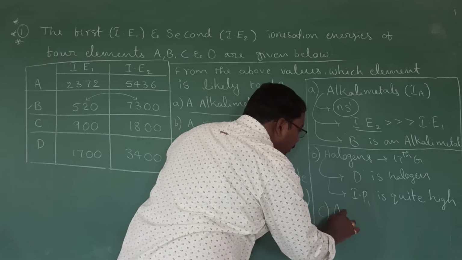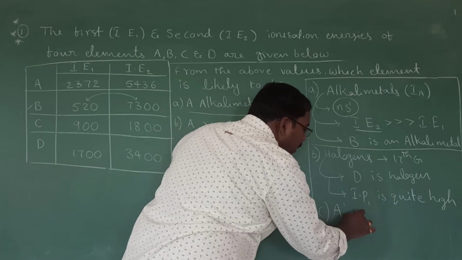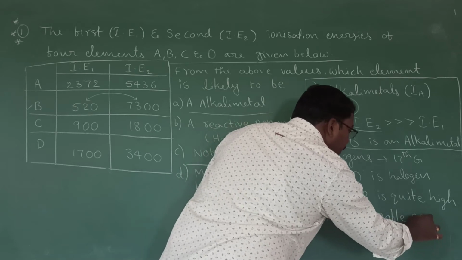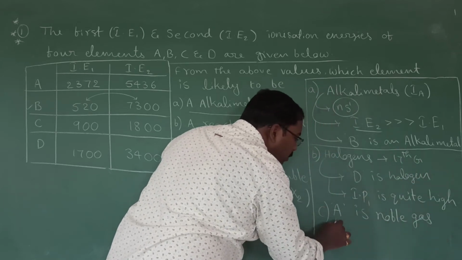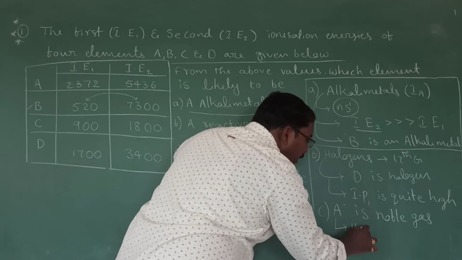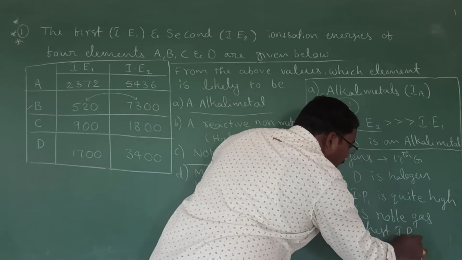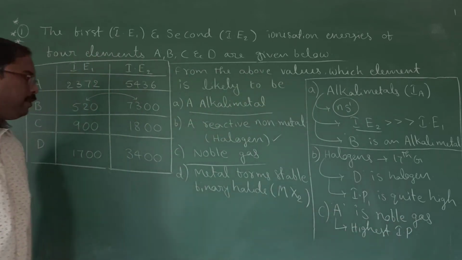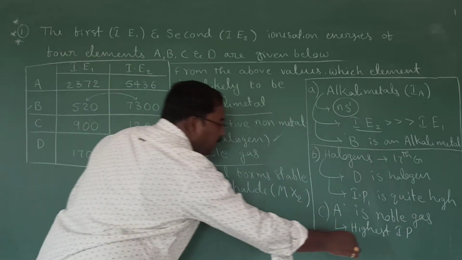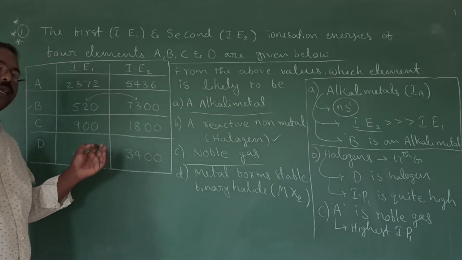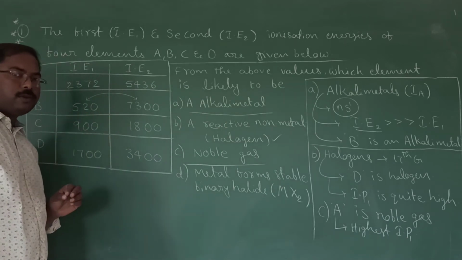So element A is a noble gas. On what basis are we saying A is a noble gas? Because it has the highest ionization potential value. The first ionization potential value is highest for noble gases. Yesterday, it was clearly written in the notes also.